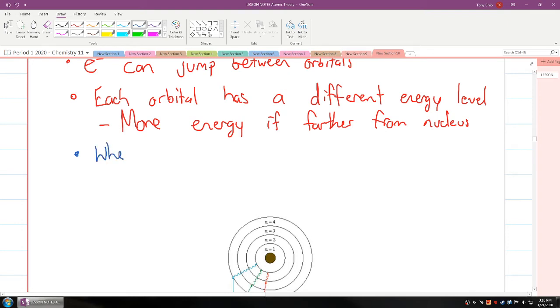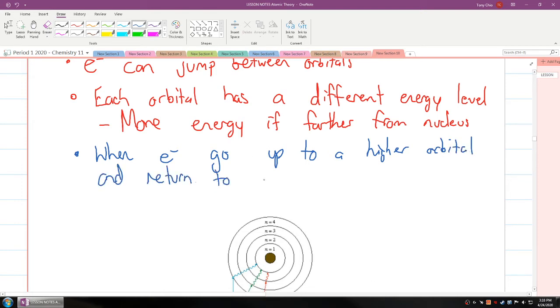So when electrons go up to a higher orbital and return to their ground state, you could call it, it releases light.